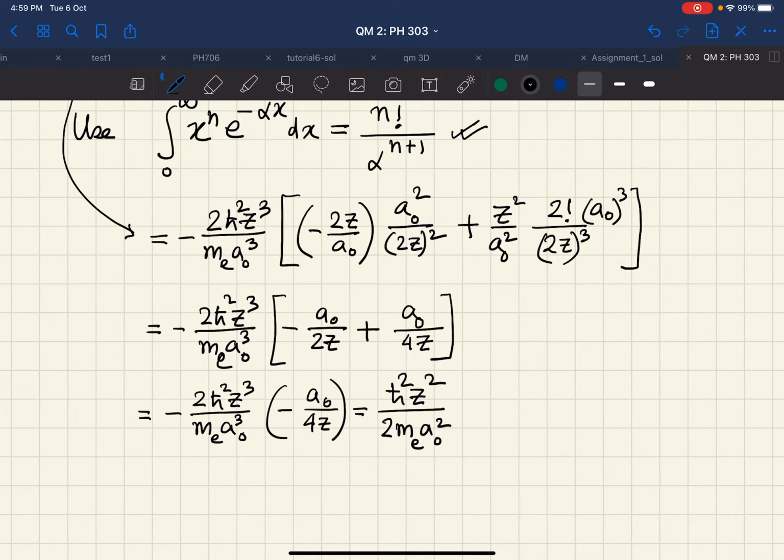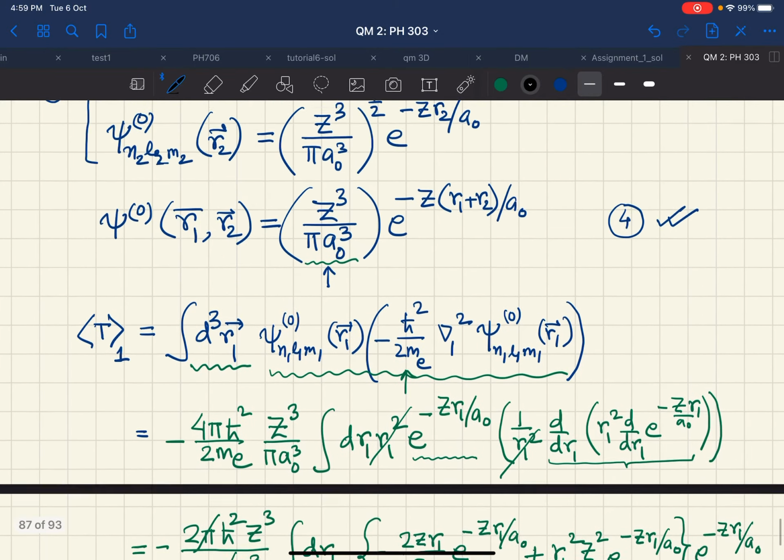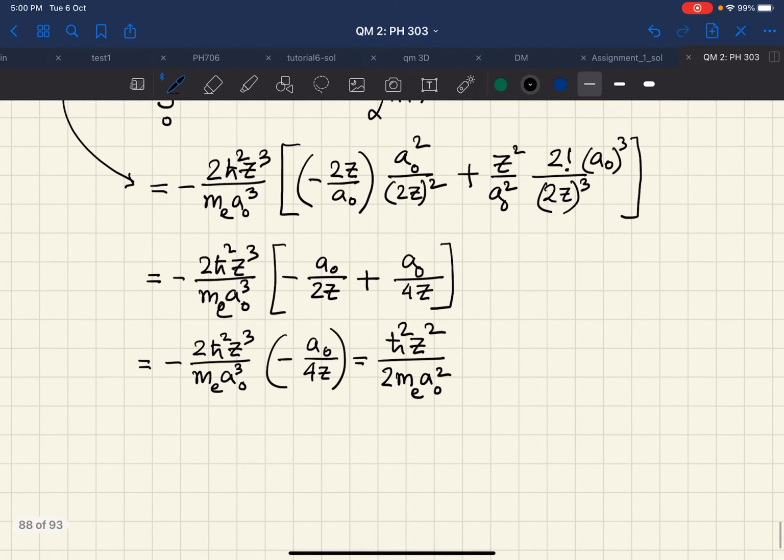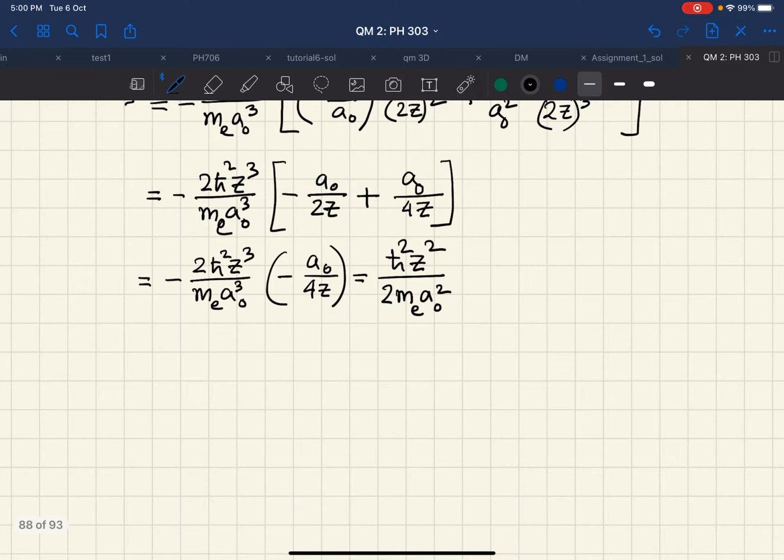Now a0, we have written it somewhere. a0 is 4 pi epsilon naught h bar squared by m e into e squared. So if I simply put this expression for a0 in this expectation value, I replace this a0 squared, then what we will obtain is Z squared m e to the power 4 divided by 2 into 4 pi epsilon naught whole squared h bar squared.